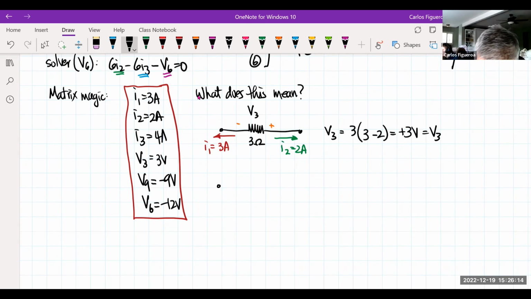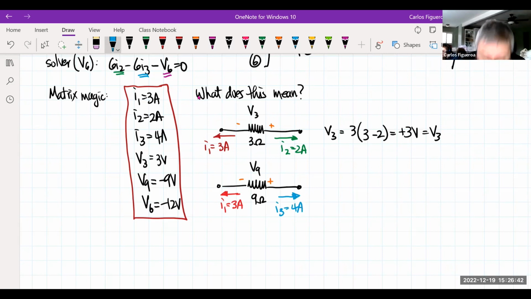So what about this guy? This guy is going to be V9 because it's the 9 ohm resistor. This is our polarity right here. So if I look at our circuit here, note that I have I1 going like this, which is 3 amps. And then I have the blue current going in that direction, which is 4 amps.